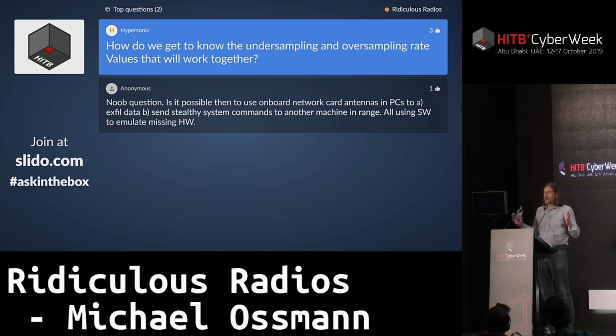So that means you have a fairly narrowband signal of interest, but you capture with as fast a sample rate as you possibly can. Undersampling, traditionally, you have a sample rate that is higher than the frequency of interest that you're trying to capture. And in my example, I was capturing an intermediate frequency that was at 44 megahertz.